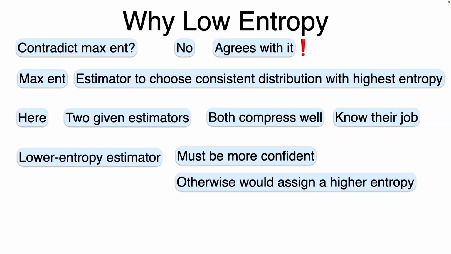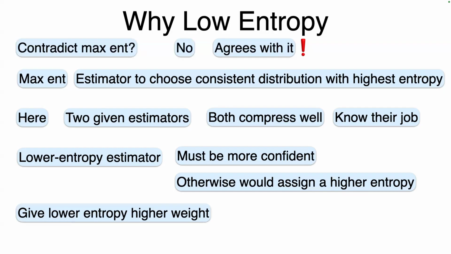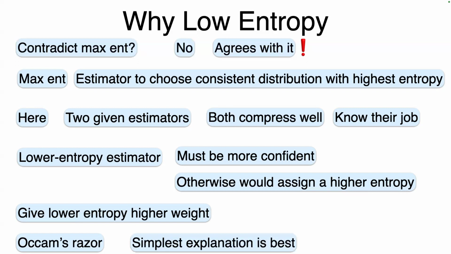So the fact that it gives lower entropy shows that it's more confident about the collection of distributions, and therefore we give it higher weight. So give low entropy estimators higher weight. Another way to see it is to look at Occam's razor, which says that the simplest explanation is the best. That's another interpretation.